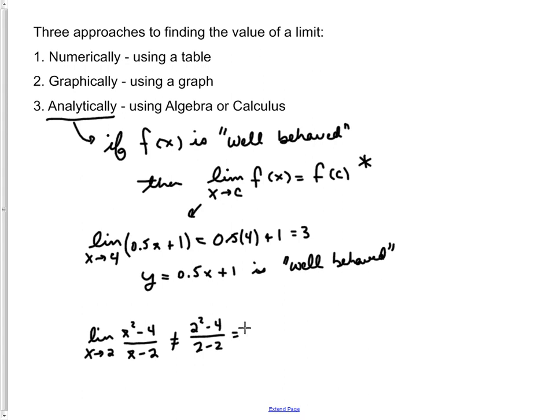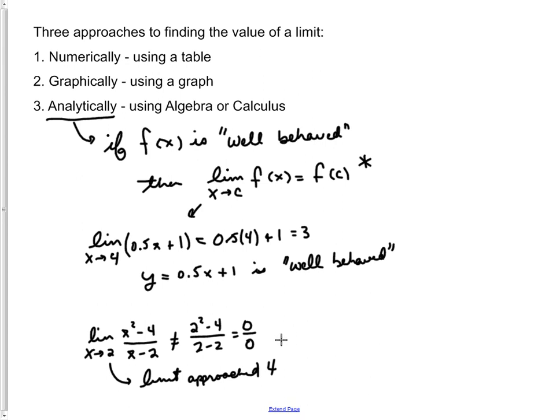That's 0 over 0, which is indeterminate. We definitely could, based on both the graph and the numbers, see that the limit approaches 4. So the question was, how did we rectify these two?